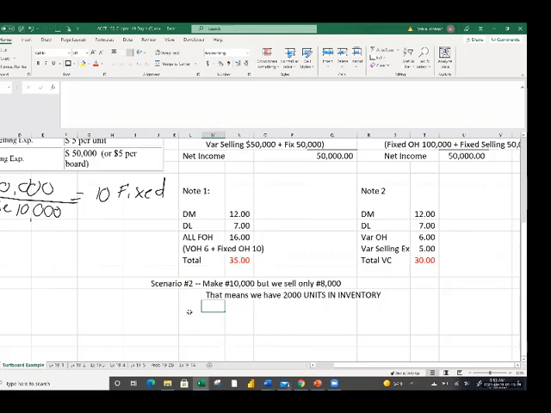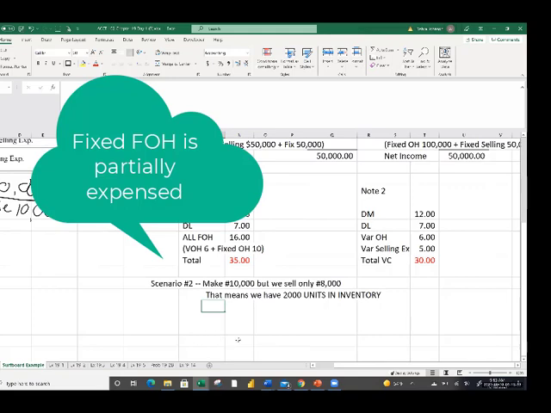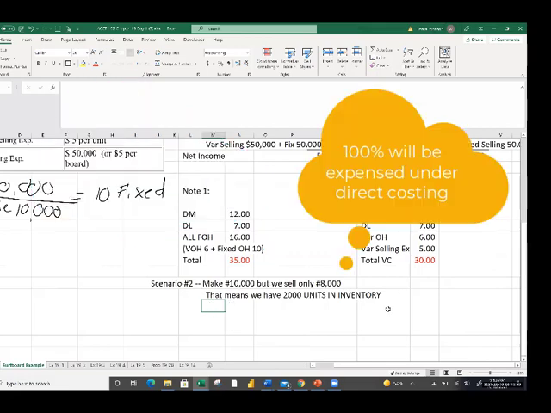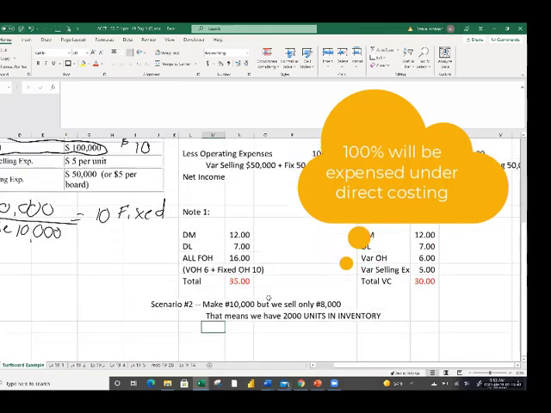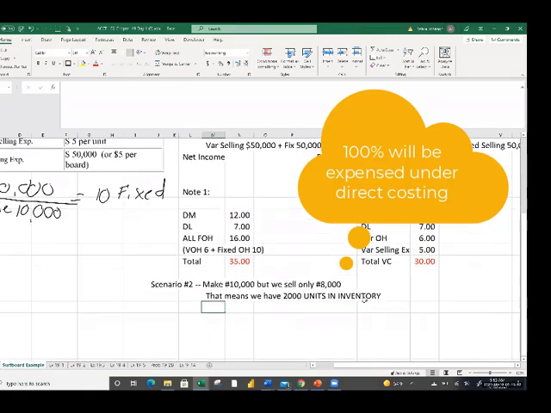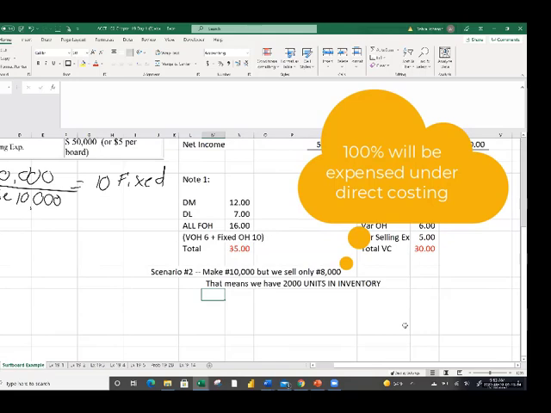It's going to be partially expensed in cost of goods sold because 2,000 units are still on the balance sheet under traditional costing. But under direct costing, all of that 100,000 is going to be expensed because that's what we do in direct costing. We take those uncontrollable costs and we expense them immediately.